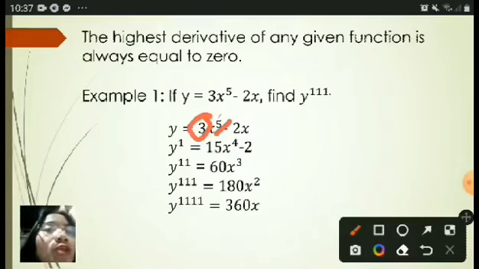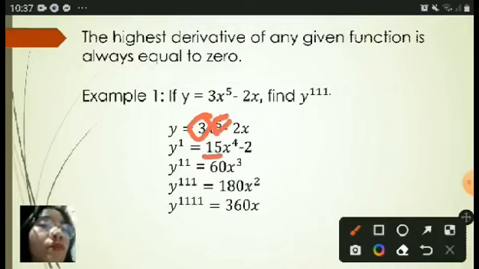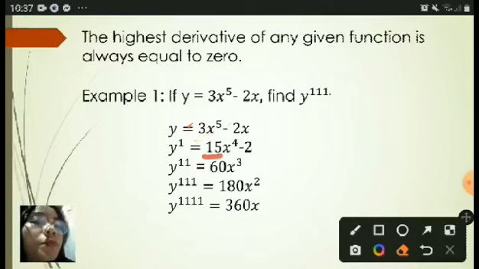So 5 times 3 is equal to 15. So we have 15. Then 5 subtracted by 1. So that's why it becomes 4.